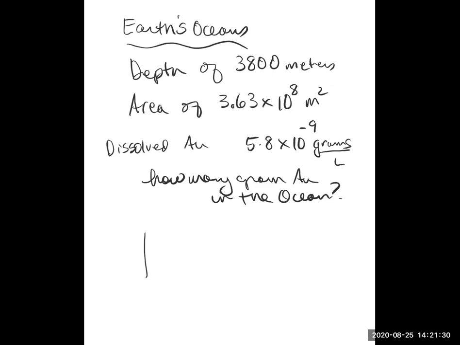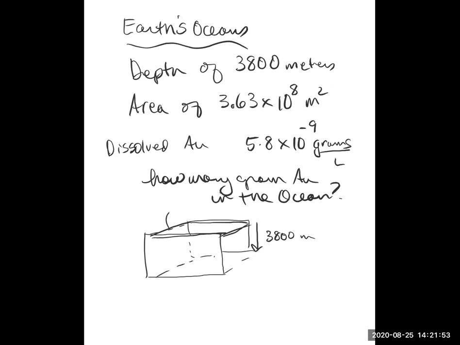If I was able to draw the ocean as just some sort of square thing here, okay? So the depth is 3,800 meters. And the surface area, length times width, is 3.63 times 10 to the 8th meters squared.